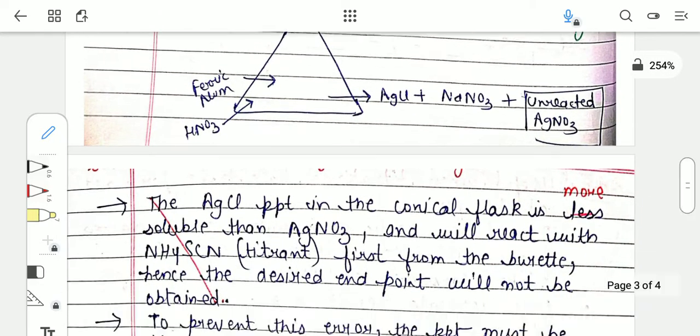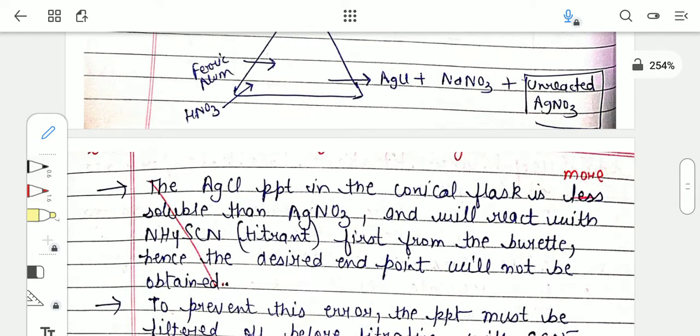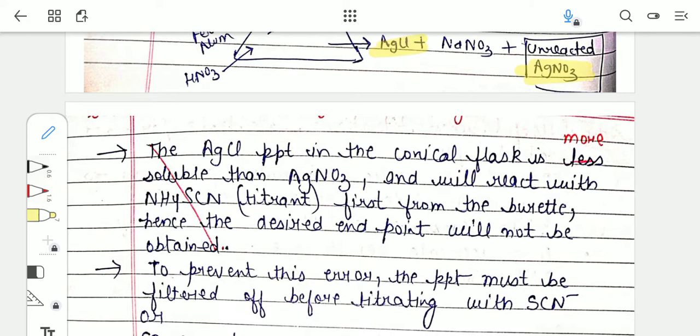Now some important points are to be considered: here silver is present in two forms, in the form of AgNO3 and AgCl. The AgCl, which is our precipitate in the conical flask, is more soluble than AgNO3, and it will react with our titrant from the burette first, hence the desired endpoint will not be obtained.